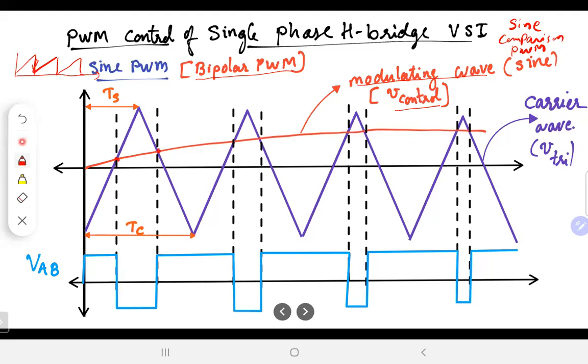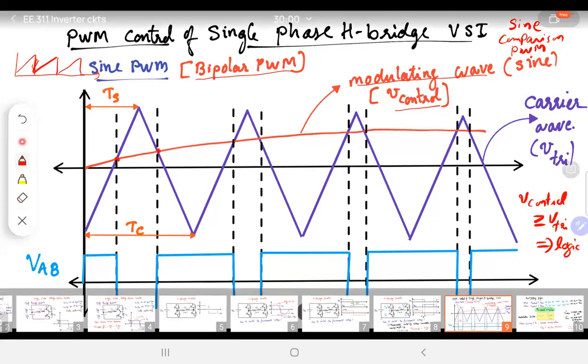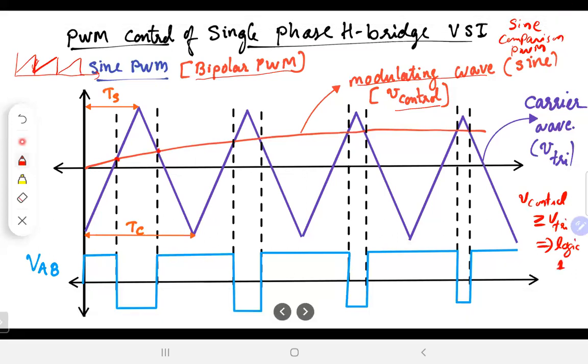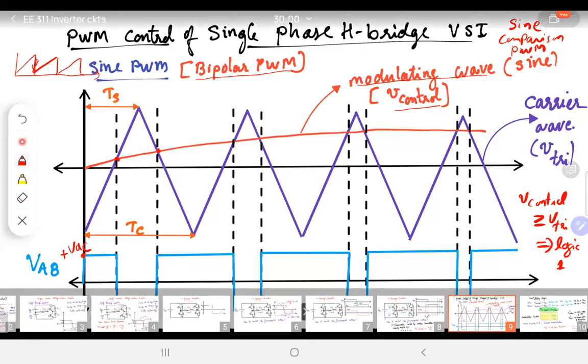The logic here is that whenever V control is greater than or equal to V triangle, we say that it is a logic 1. So we'll choose the VAB to be plus VDC in this case. And whenever it is the other way around, V control is less than V triangle, we choose minus VDC.